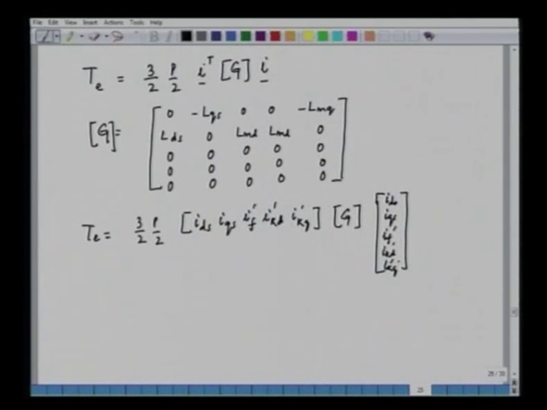If I simplify this, I will get the expression for the torque. Let's see. So we can simplify this and we will get the expression for the torque.